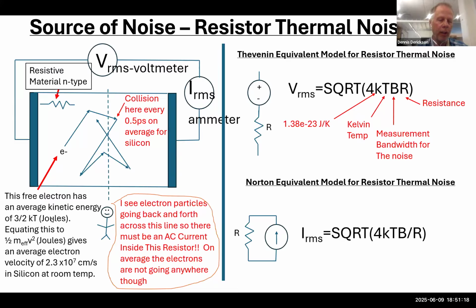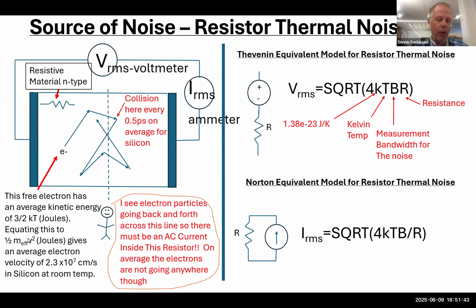So the units of that is joules. That's the kinetic energy of an electron inside this resistor. Now, if we equate that to the kinetic energy of a particle, which is 1/2 m v squared, where m in this case is called an effective mass, which is close to the actual mass, but usually somewhat less. And especially for electrons, it could be 10% of the actual mass, depending on the material.